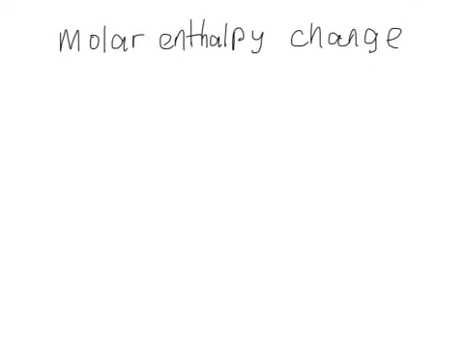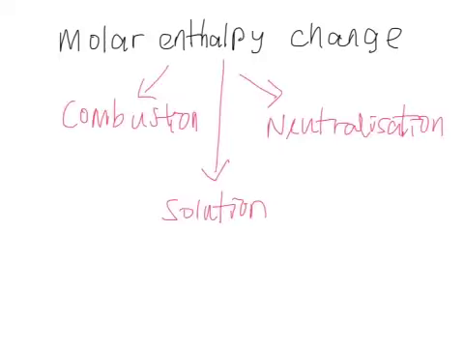Now that you have learned how to calculate the molar enthalpy change of a reaction, I'd like to highlight that there are 3 main types of molar enthalpy that you will usually be asked to calculate in the syllabus. They are the molar enthalpy change of combustion, molar enthalpy of solution, and molar enthalpy of neutralization.